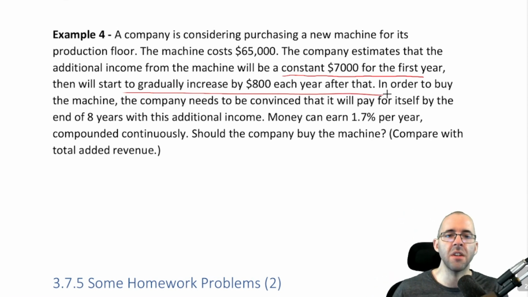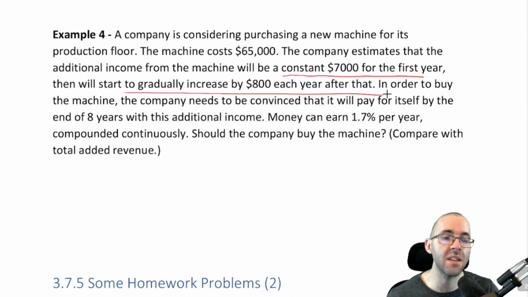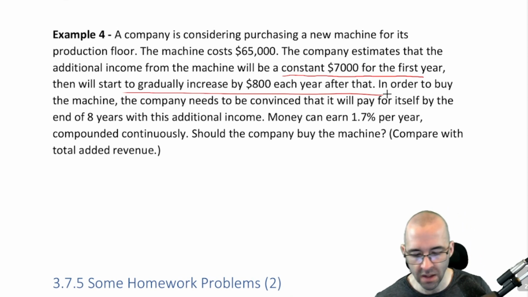Well, the first year, it's just a flat 7,000. And after the first year, it's going to be 800 more, and then 800 more again, and then 800 more again. So the rate is actually increasing as well. So the function is actually a piecewise function.